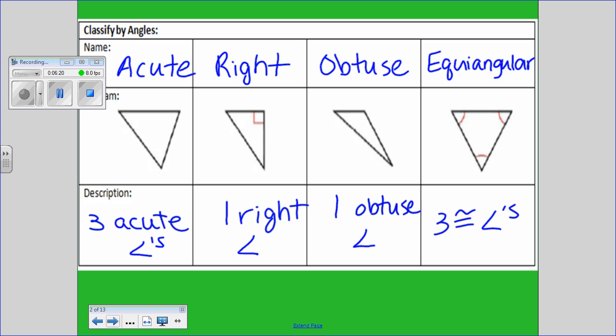I can have a right scalene triangle. But what I can't mix is my classification by angles. Like I cannot have a right obtuse triangle. That's not going to happen. I cannot have an acute obtuse triangle or an acute right triangle. It has to be only one of these first three. Okay.